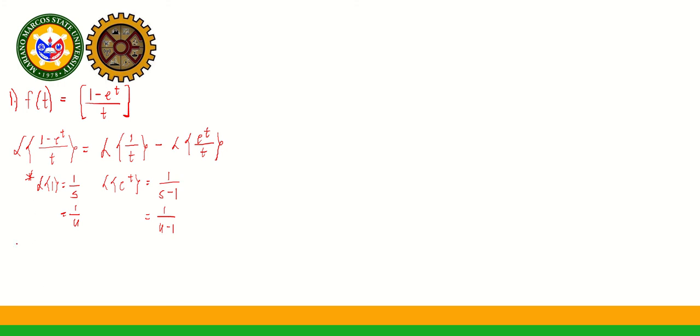So, our new working equation, the Laplace of 1 minus e raised to t over t is equal to the integral of 1 over u du limits from s to infinity minus the integral of 1 over u minus 1 du limits from s to infinity.